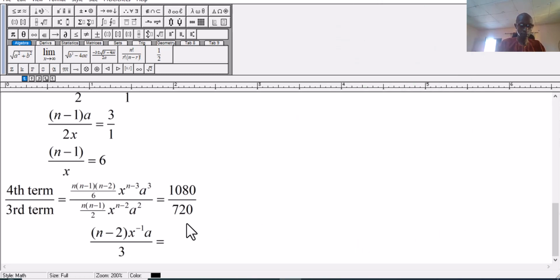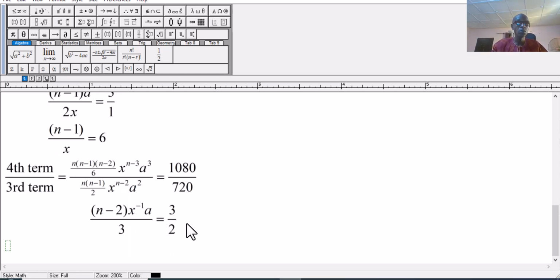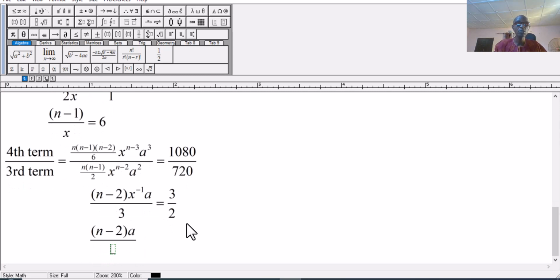It's 3/2. So let's rewrite this. This will now be n minus 2 a x. That x will come down equals to 9/2.